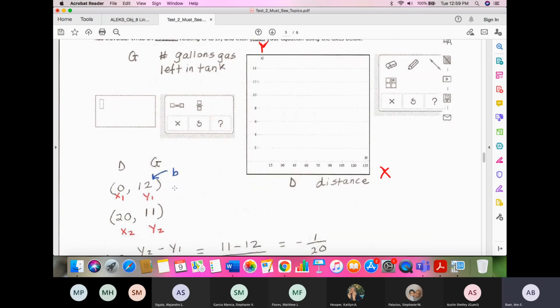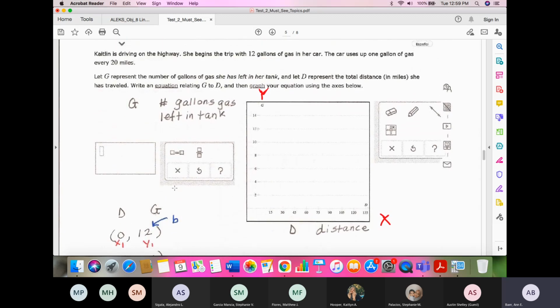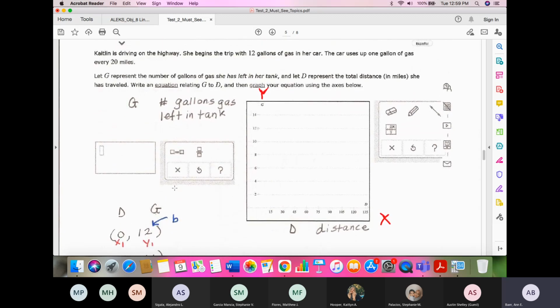So that's one ordered pair. The next ordered pair. Let's read this. She begins the trip with 12 gallons of gas in her car. The car uses up 1 gallon of gas every 20 miles.